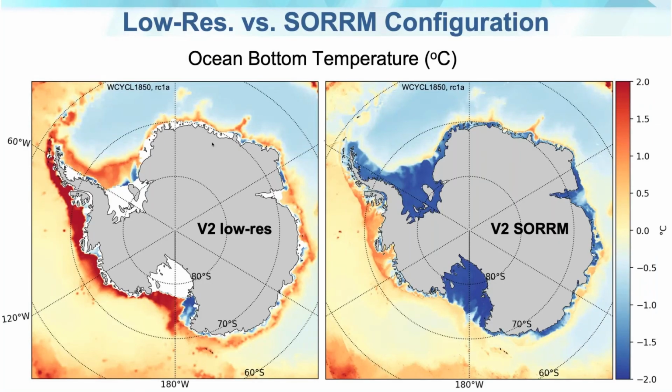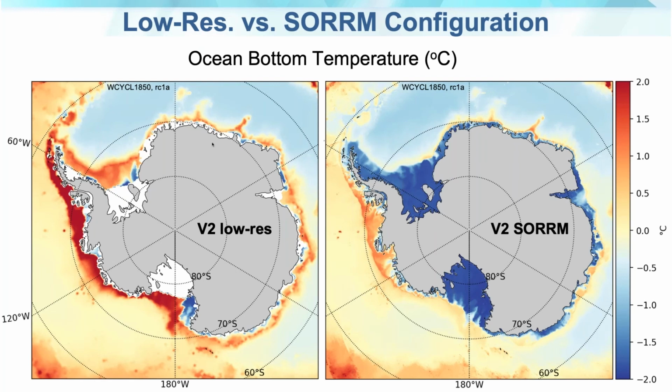There are a couple of different ways to look at this. Here, I'm comparing a V2 low resolution simulation on the left with the V2 Southern Ocean refined simulation. These both have the exact same comp set and exact same tunings. You can see that in the low resolution configuration we have much, much warmer water right next to the ice shelves, probably lapping up under the ice shelves.